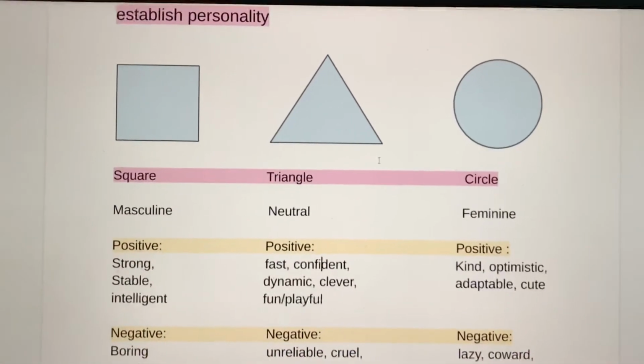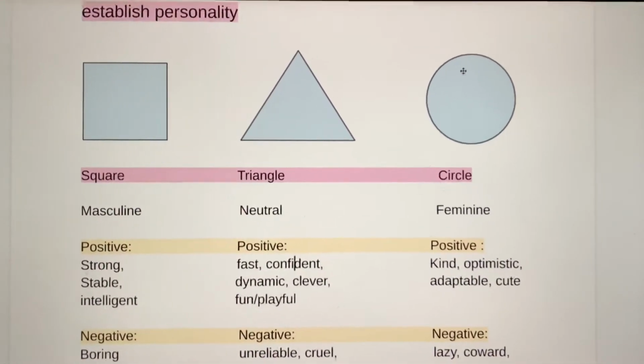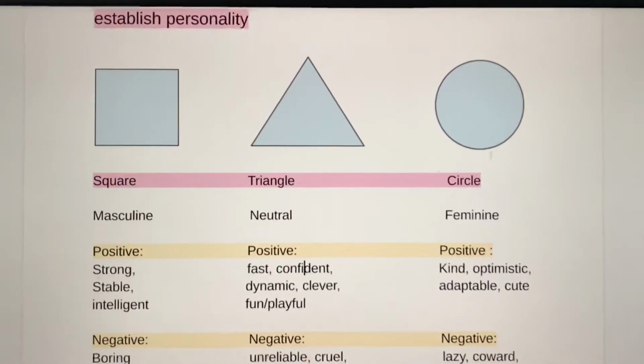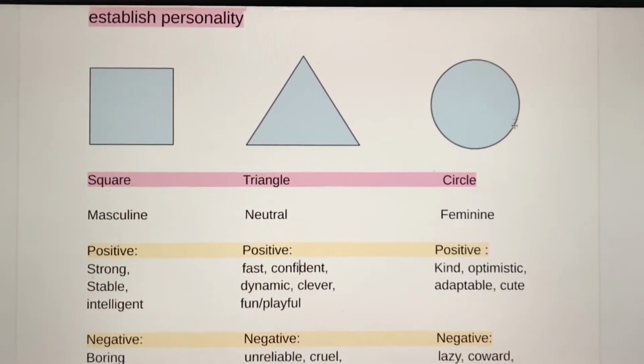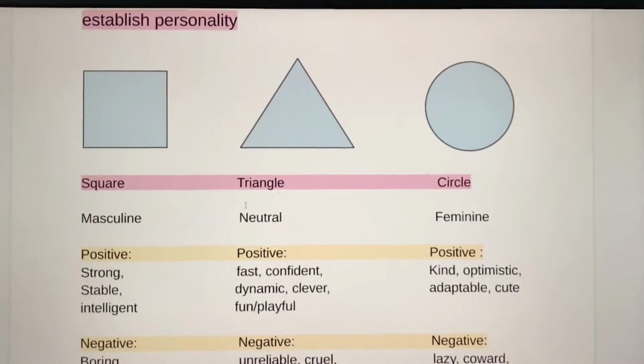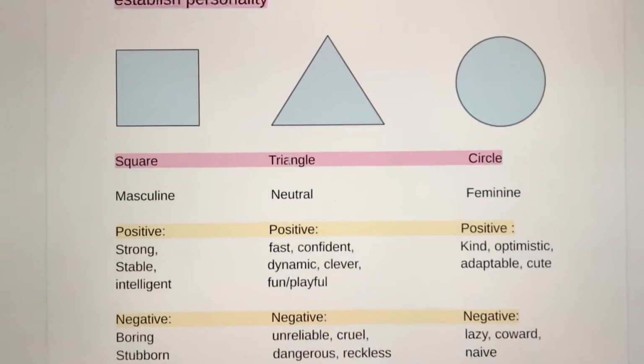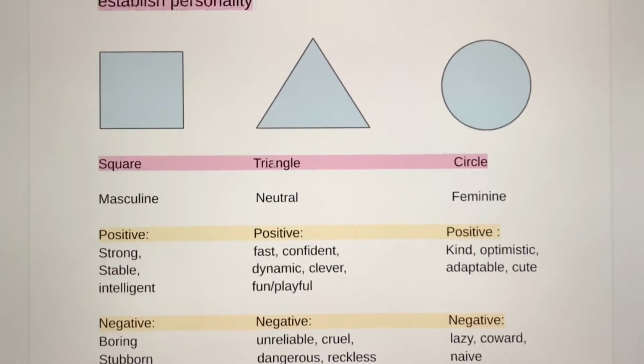So the square is a more masculine shape, the circle is the feminine shape, which is used a lot in female characters, whereas the triangle is a more neutral shape that can be used in male and female characters.